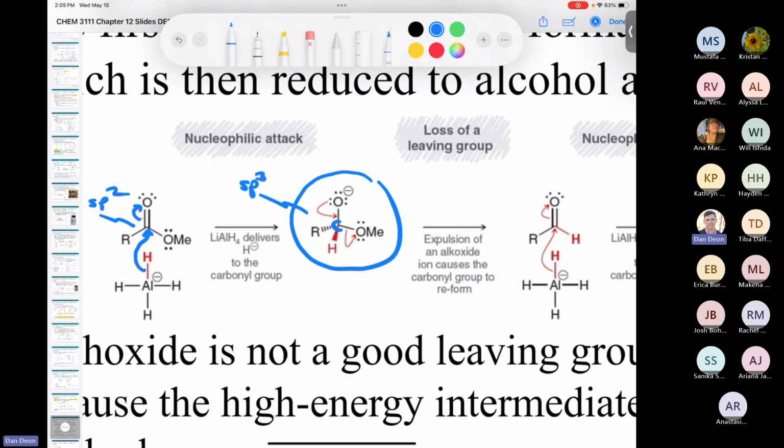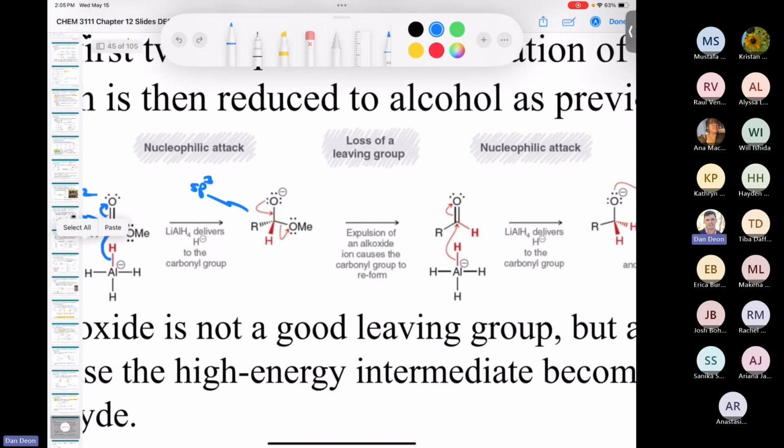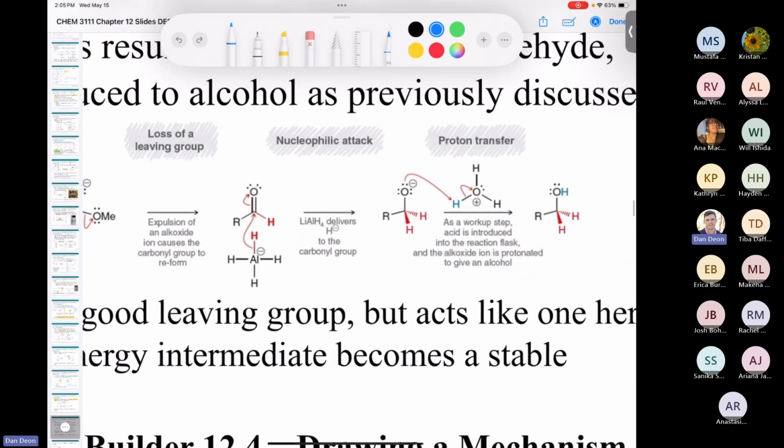And what happens is you lose methoxide. You see, you reform the pi bond and you lose the methoxide. I'm going to get back to that in just a second. So you lose methoxide and then you form an aldehyde, because you reform the double bond here, and that's the double bond of an aldehyde. Now, we know that when you have an aldehyde, it just gets reduced.